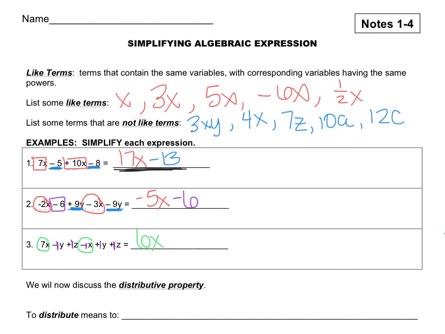Now how about we box the y's. I have negative 1y plus 1y. Negative 1y plus 1y, that's going to cancel. They're going to go away. And the last thing I have are my z's. I'm going to underline them. I have 1z plus 1z, that's a plus sign, 2z.